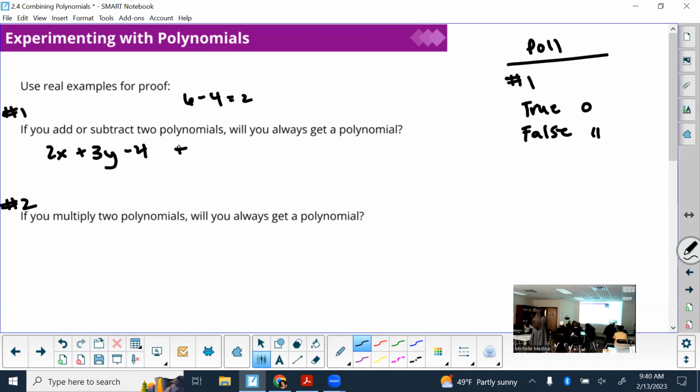And then we add or subtract another polynomial, 3x squared plus 4x plus 10. Okay, so these are both trinomials, but they fall under the category of polynomials. Would I still get a polynomial? Does anyone think otherwise now? That you want to change your vote?